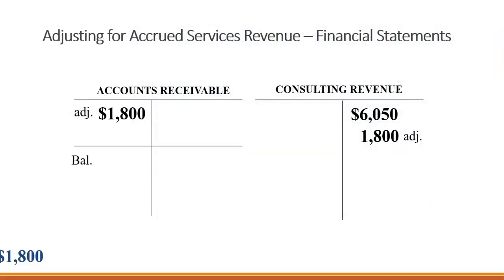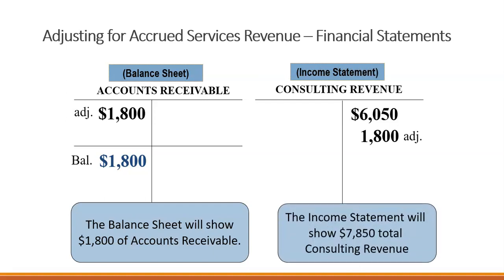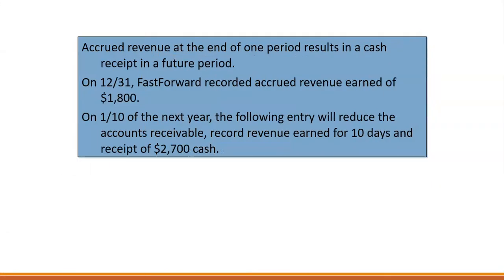Okay, so we have accounts receivable that is on our balance sheet then as an asset. People owe us money. And then we have our consulting revenue, which will show up on the income statement. Okay. So accrued revenue at the end of one period results in a cash receipt in a future period.